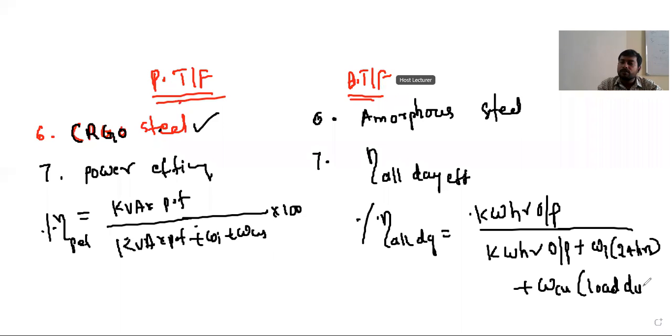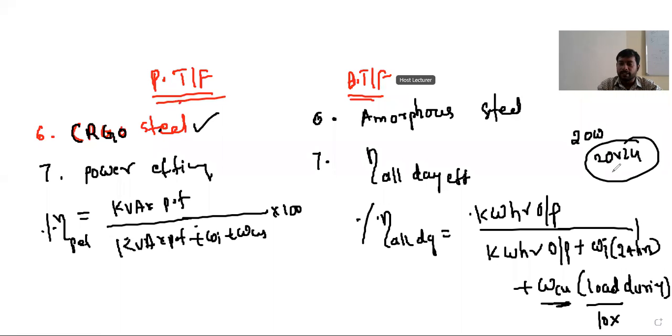Load duration means when the load is present, only then will copper losses take place. If the load is present for 10 hours, take 10 hours into copper losses. Iron loss is always present. For example, if iron losses for 1 hour is 20 watts, then for 24 hours we take 20 into 24.